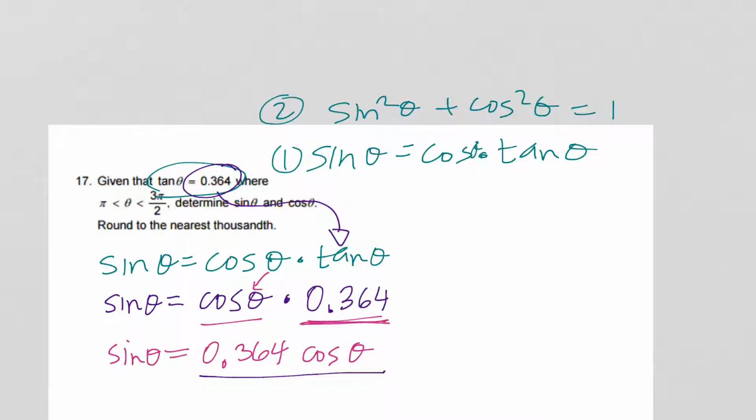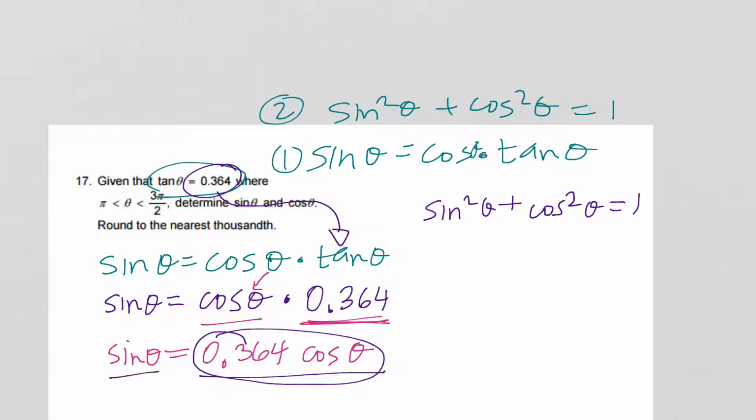So I'm going to use equation 2. And I'm going to replace sine squared theta with what sine is. So since sine theta equals 0.364 cosine theta, I'm going to replace the sine.